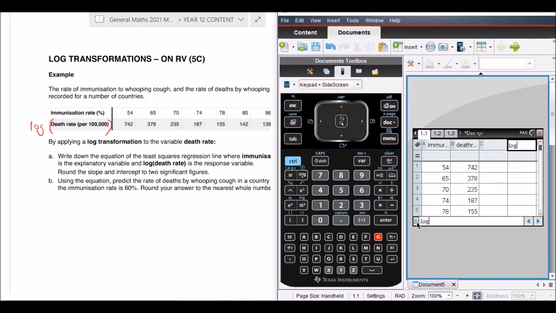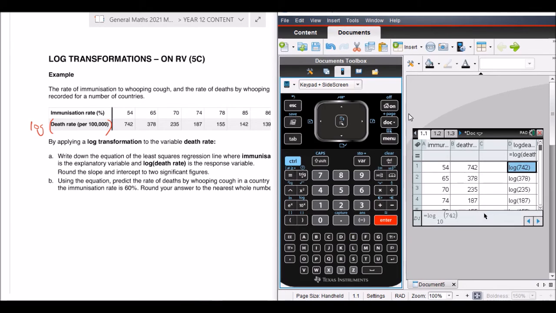I'm going to call it log death rate for now. Do the name first, sorry, and then go down. Now we press enter, equals, and then you go log bracket death rate, and it should go bold if you've written it correctly. Enter. So now it's done a log transformation on the RV, which is the death rate.